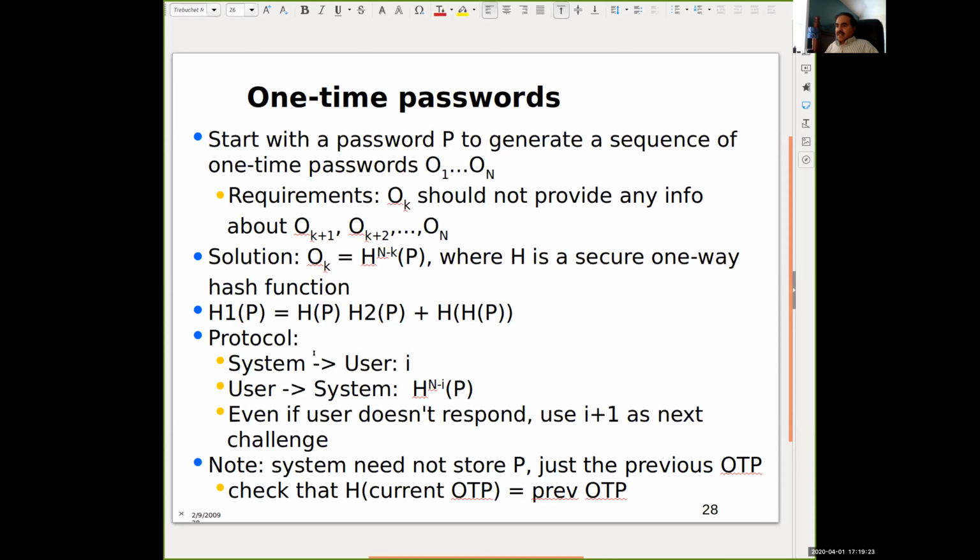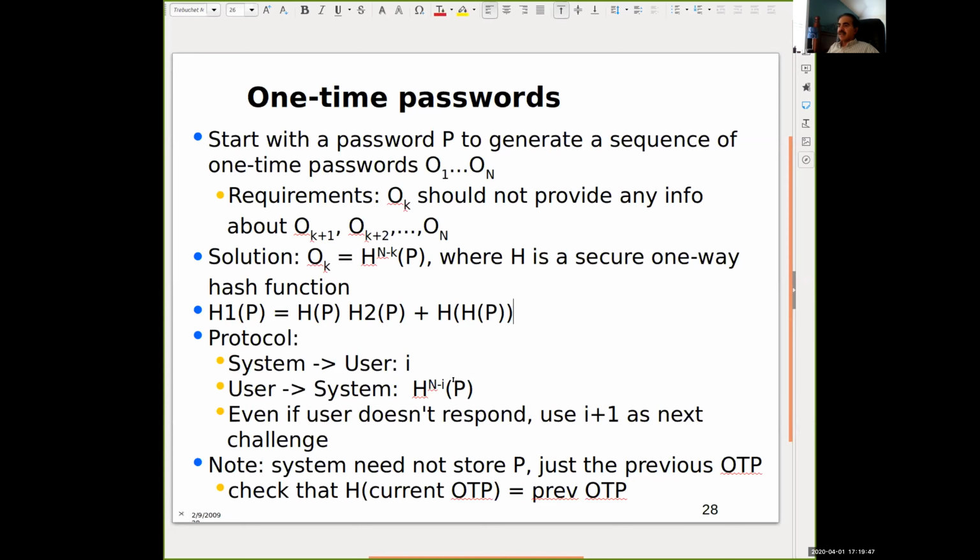So the idea is that instead of generating n distinct passwords, the user simply applies the hash n times in order to generate the password. Okay, and this way the password cannot be repeated. And notice that P itself is never transmitted on the network.